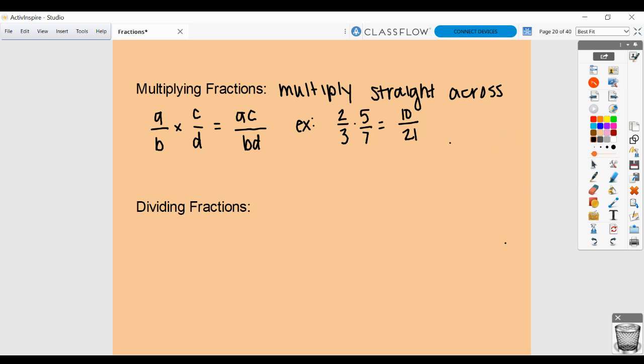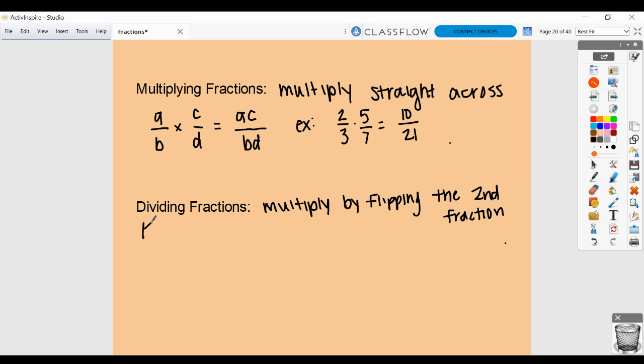Okay, whenever you divide fractions, you are actually going to multiply by flipping the second fraction.